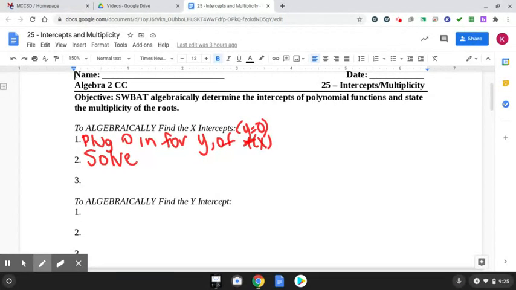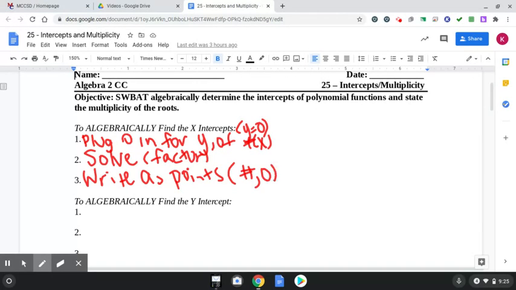But you're mainly going to stick to trying to factor. Okay, you get your answers. And then lastly, with intercepts, you have to write your answers as points or coordinates. And those answers are going to be whatever number you get, comma 0 for the y value, because again, x-intercepts are where y equals 0.